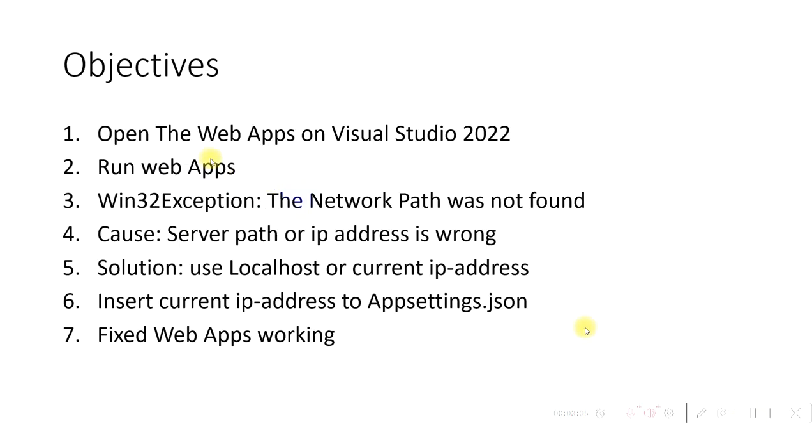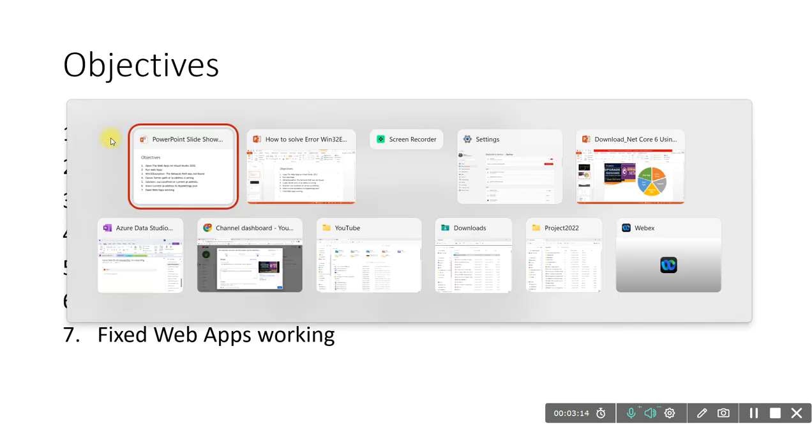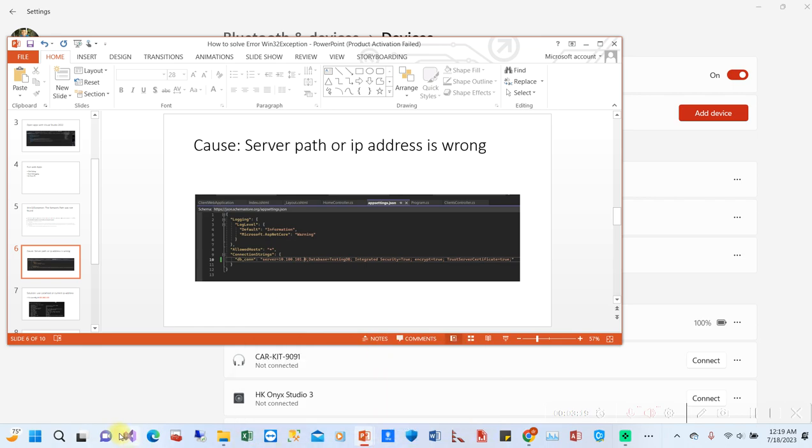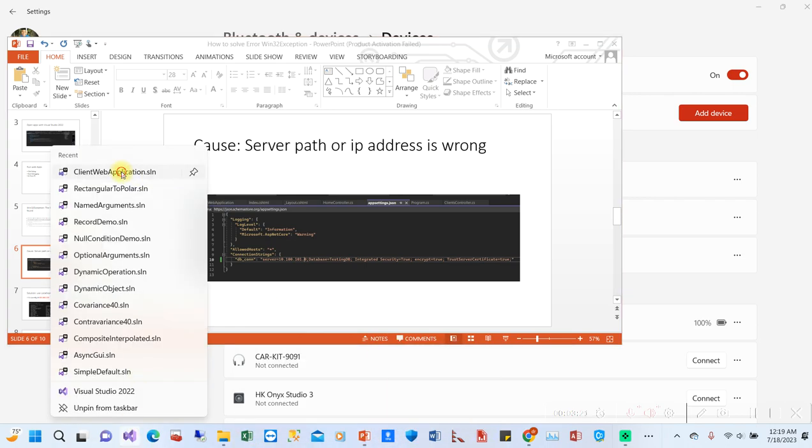Okay, we shall continue. First, we will have to open the web apps on Visual Studio 2022. So you go to the computer, right click it, and you open the apps.